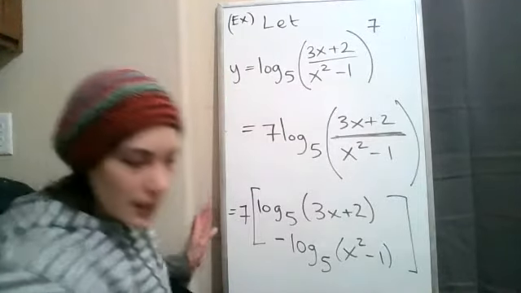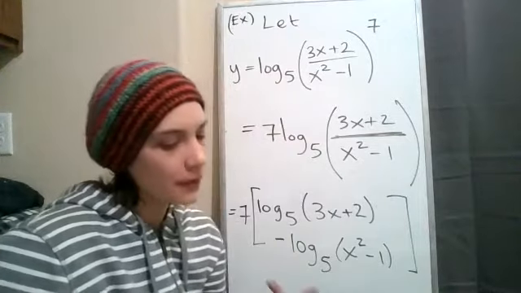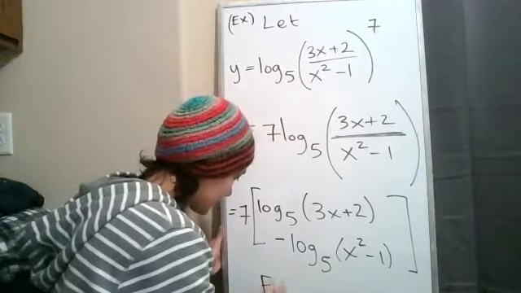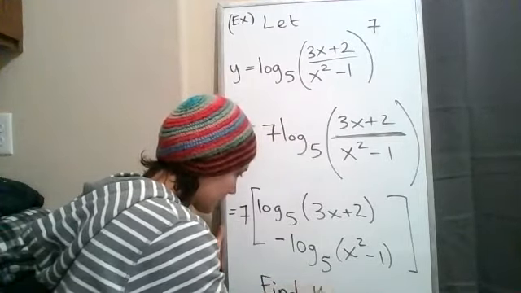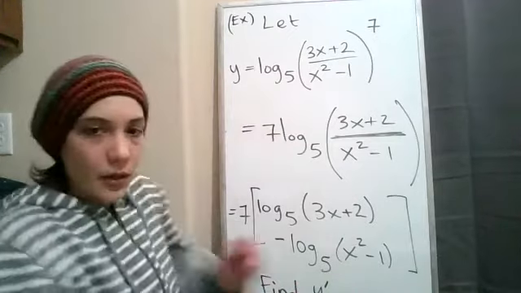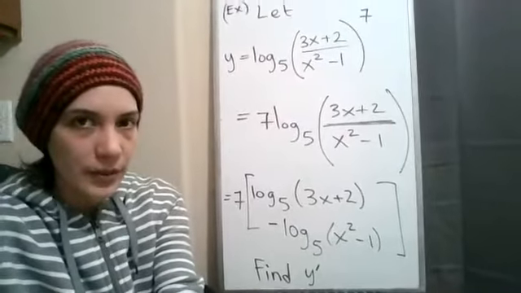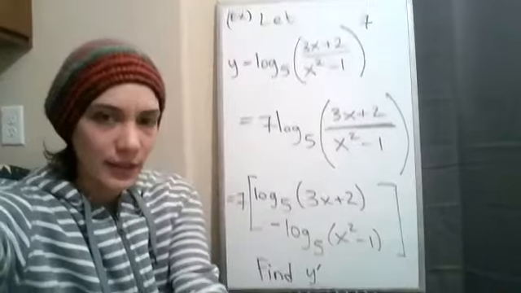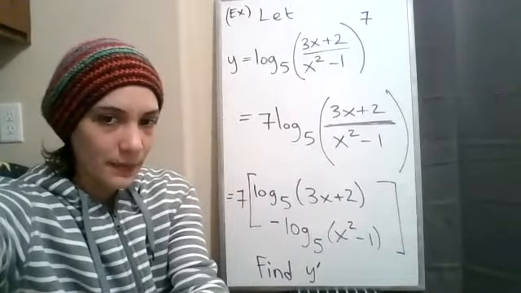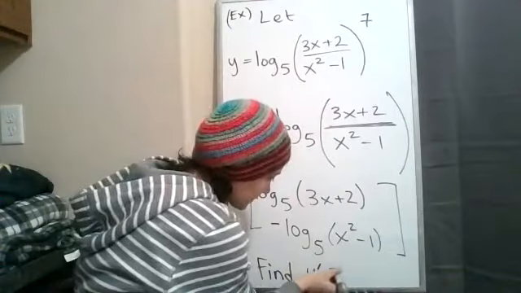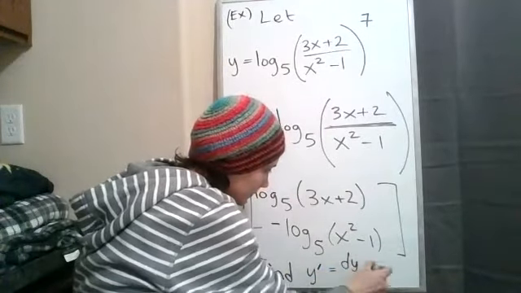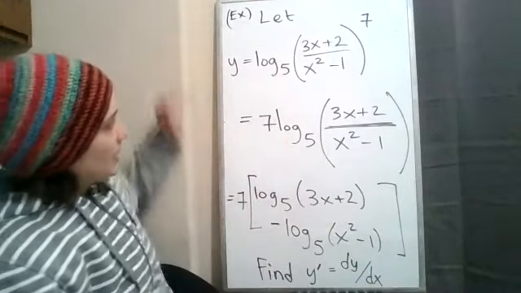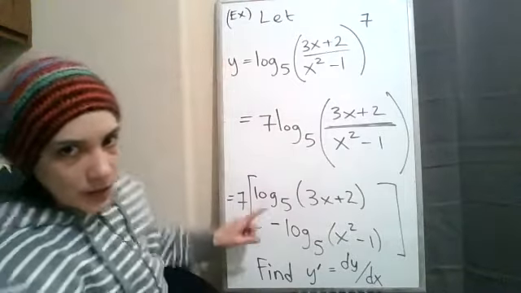Is there anything else to do? I think we want to find the derivative. Oh, find y prime. So the derivative of y with respect to x. And then we're going to take the derivative with y equal to this.